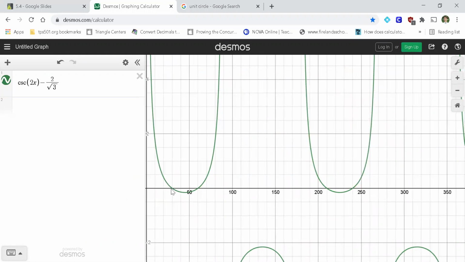So if you look, here are your answers, 30 and 60, right? But between 0 and 360, there actually will be 2 more answers because we're adding 180 each time, right? So 30 plus 180 is 210, 60 plus 180 is 240. So there's actually 4 answers in your standard interval.